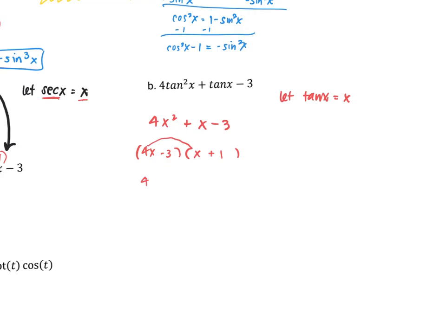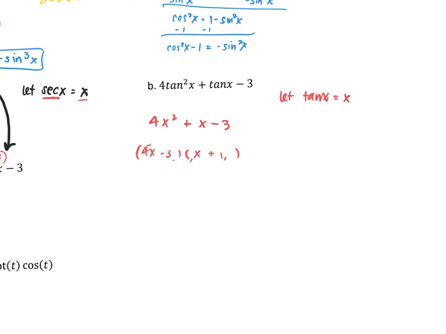So 4x squared plus 4x minus 3x minus 3. Well, 4x minus 3x is 1x. So we did factor it correctly. Okay. So this is just me checking my work. All right.